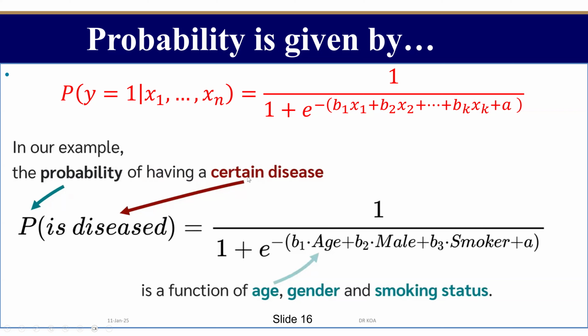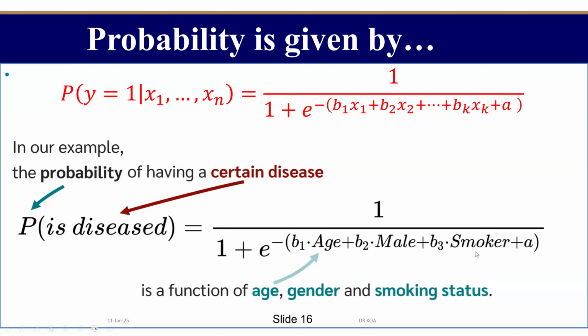So when you bring it into our specific model, suppose we want to model the specific data we had, we say that the probability that a person is diseased, or a person is having a certain disease, is given by 1 over 1 plus the natural log of age, male, or in this case, the gender status, which happens to be dummy as well, okay?